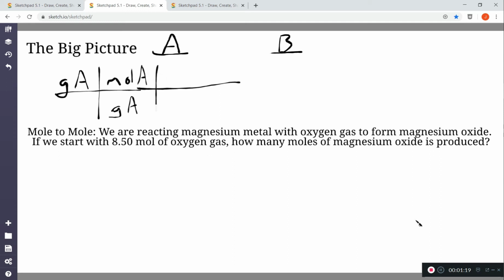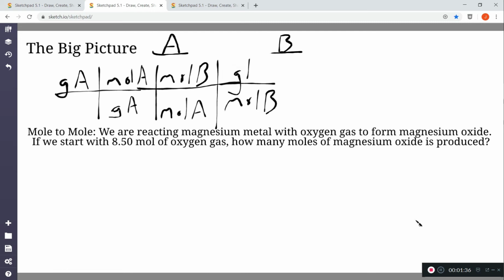Then we're going to use the mole ratio we just found to go from moles of A to moles of B. Again, we'll talk about how to do that in a second. Then we're going to go from moles of B to grams of B, which is usually the furthest we'd want to go. And our final answer will come out in grams of B.